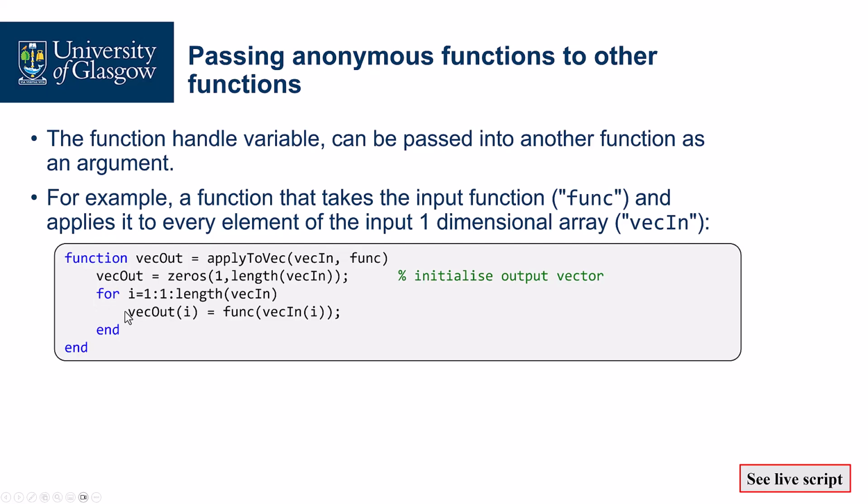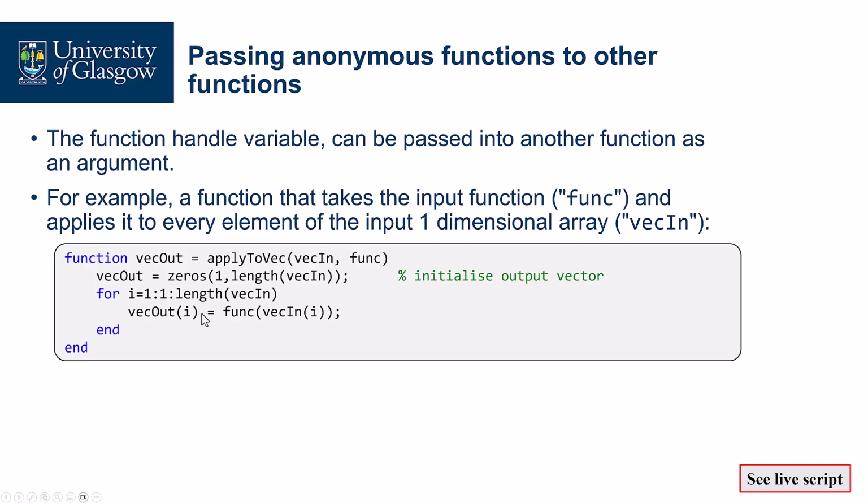We haven't discussed this for yet. That will happen in the next session. But I think you can guess, right? i equals 1 colon step size 1 colon length of vec_in. This means i goes from 1, 2, 3 to the length of vec_in. So if it's 20, then it's 1, 2, 3 to 20. So this is for. And for each element, we can do this.